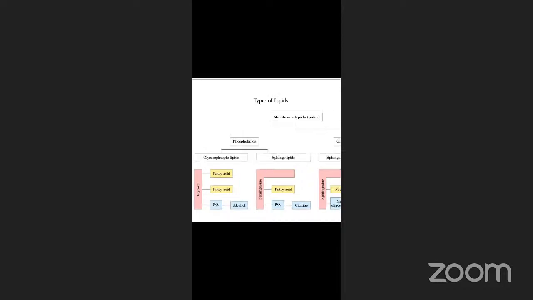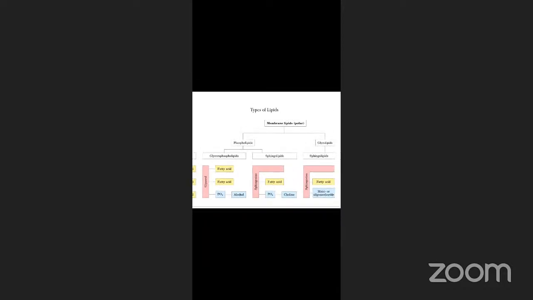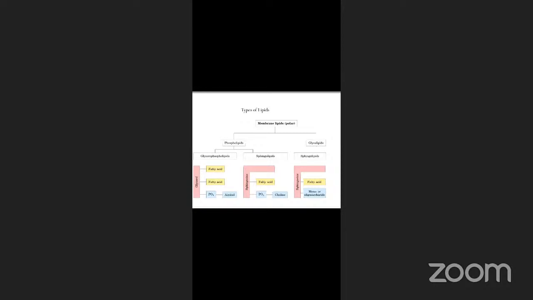Then membrane lipids are of two types. These are present in the plasma membrane. These are two types: phospholipids and glycolipids. Phospholipids, again, there are two types: glycerophospholipids and sphingolipids. Phospholipids means a phosphate moiety is linked to the lipid molecule.